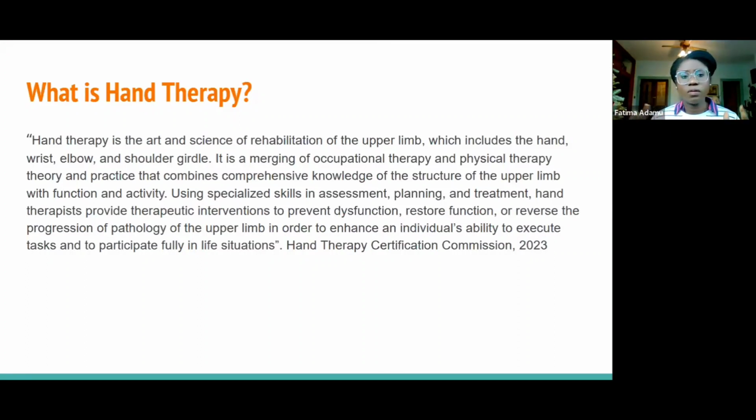Because we're trying to get the bones and nerves and tendons into a good position, or I will see them after surgery to make sure that the wound is healing appropriately, to make sure that it doesn't get infected, and in addition to showing them exercises to increase joint range of motion and strength. Okay.